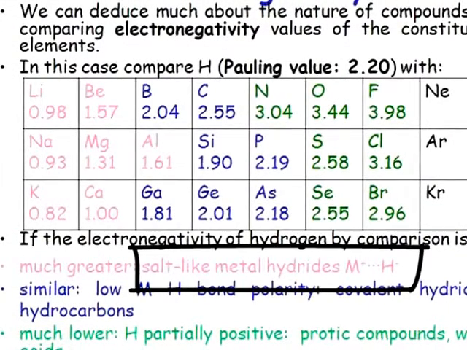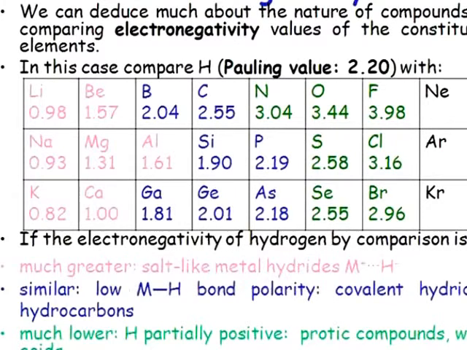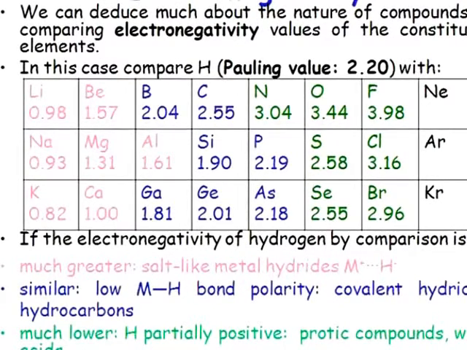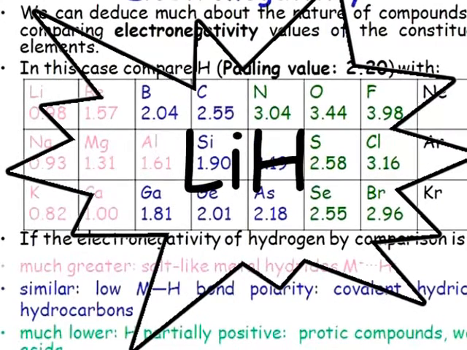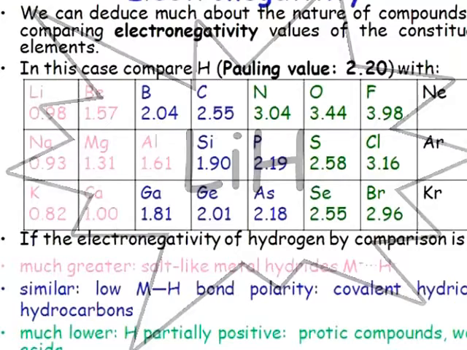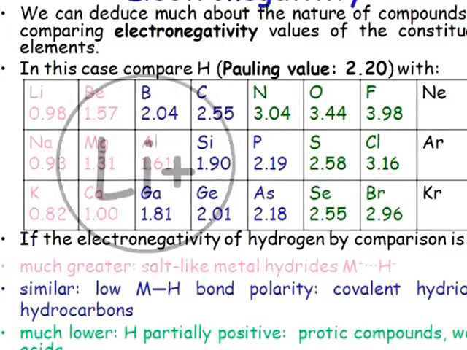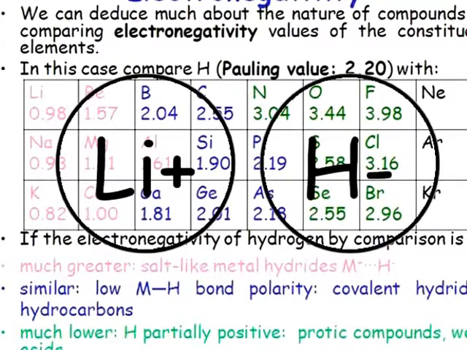The electronegativity of hydrogen is much higher than the electronegativity of lithium. So if you combine lithium and hydrogen, you will produce something called lithium hydride. And lithium hydride is so polarized, it's essentially a salt with lithium cations and hydride anions.